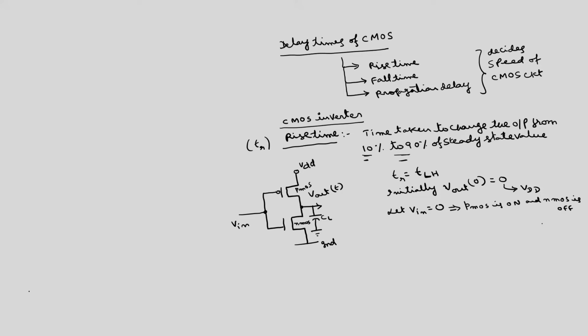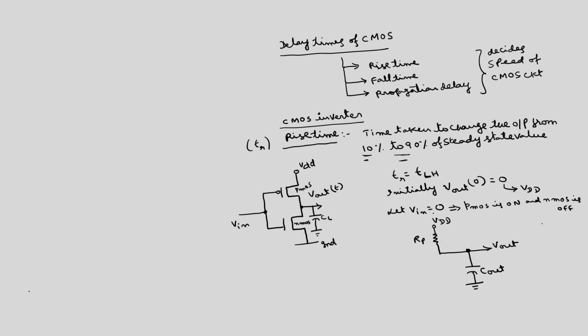Whereas in the practical case, as I discussed in the earlier lecture, there will be a resistance. So now the equivalent circuit will be something like this: VDD, here we have the on resistance RP, whereas the lower part is open circuited. Here we take the output Vout. This capacitance will now be Cout, which is the sum of CL plus the capacitance of the FET.